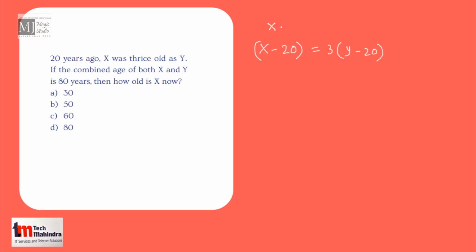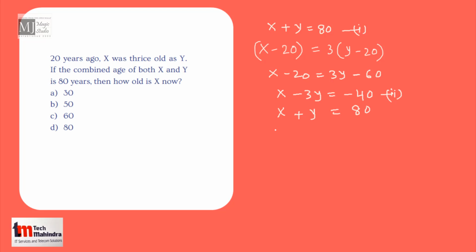Let me write it here. x plus y is equal to 80. That's the first equation. And let us solve this further. x minus 20 is 3y minus 60. x minus 3y is minus 40. Equation number 2. I write equation 1 again. x plus y is 80.